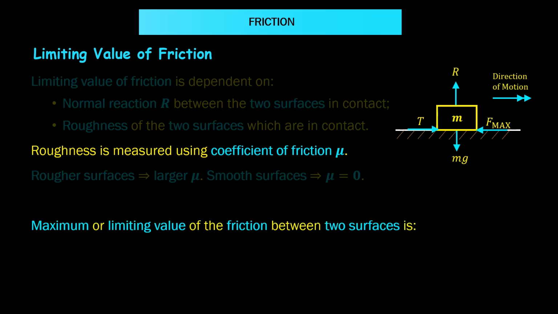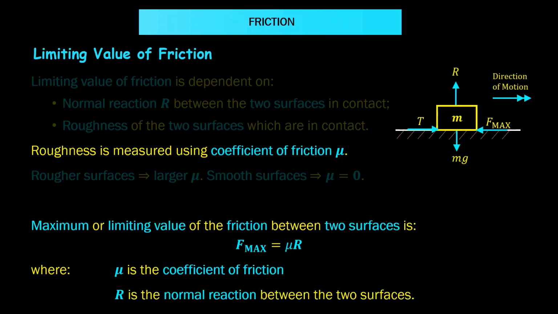The maximum or limiting value of the friction between two surfaces is F max equals mu times R, where mu is the coefficient of friction, and R, of course, is the normal reaction between the two surfaces.